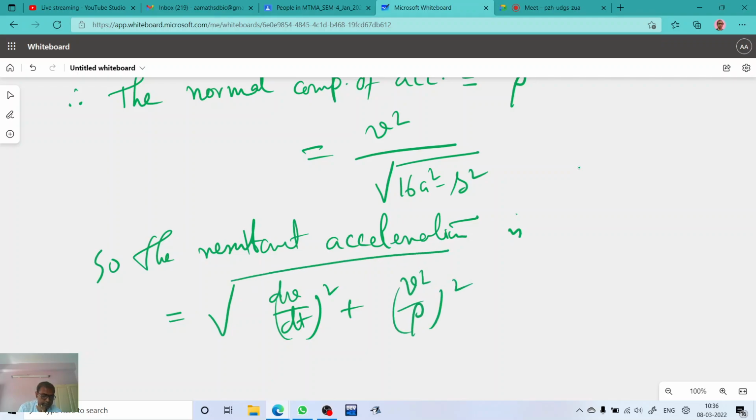Here dv dt is 0, so 0 plus v square by rho.